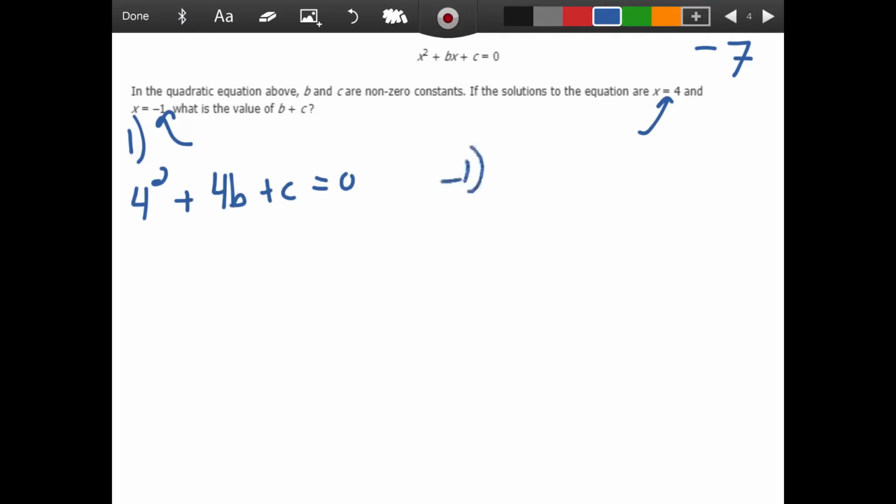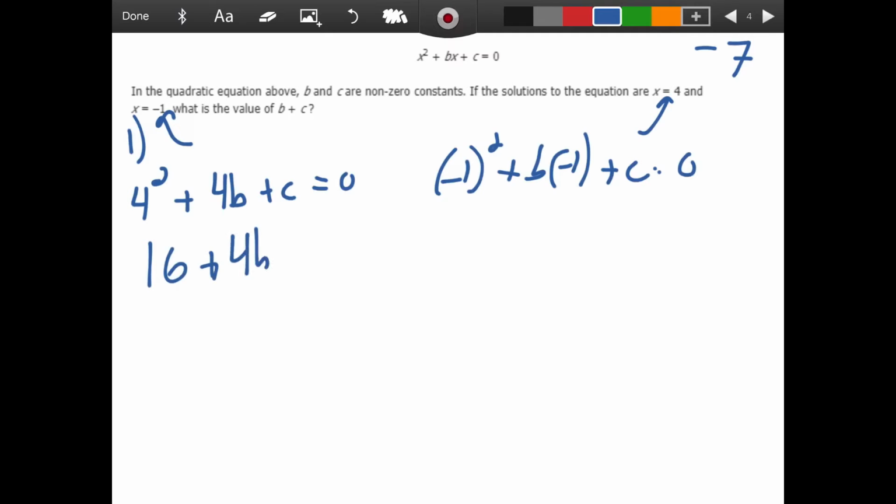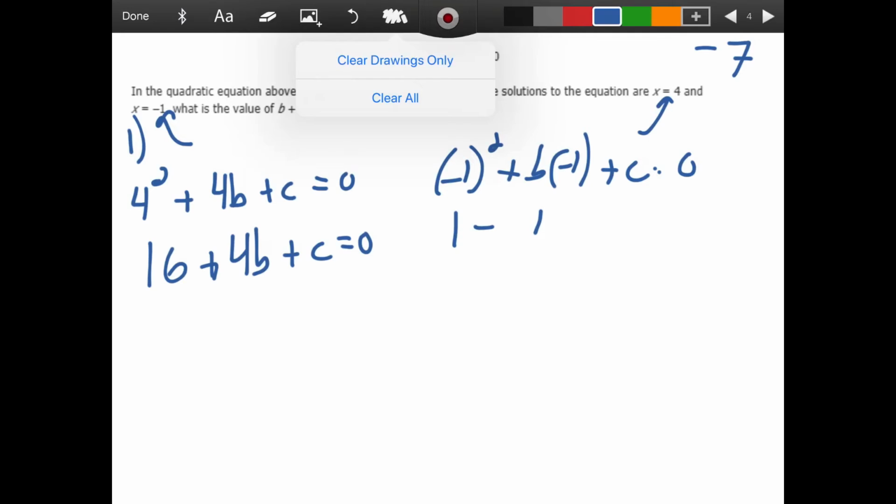So we get -1 squared plus b times -1 plus c equals 0. Now we can clean it up a bit. Over here we get 16 plus 4b plus c equals 0. And then on this side we have 1 minus b plus c equals 0.